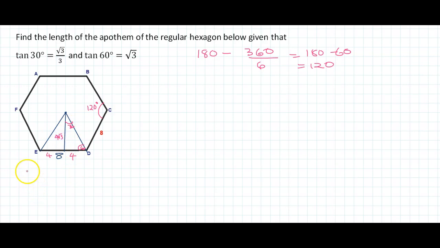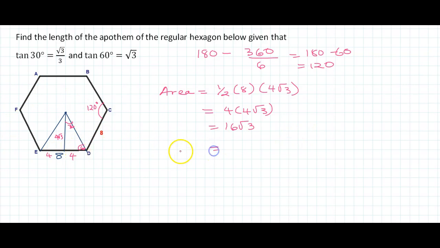So now we're going to find the area of the triangle. Area of the triangle is going to be 1/2. Our base is 8. Our height is 4 square root of 3. So this is going to give us 4 multiplied by 4 square root of 3, which is equal to 16 square root of 3. And then we multiply this by the number of sides that the hexagon has, which is 6.